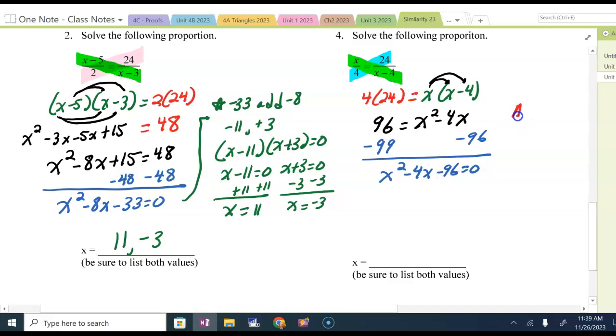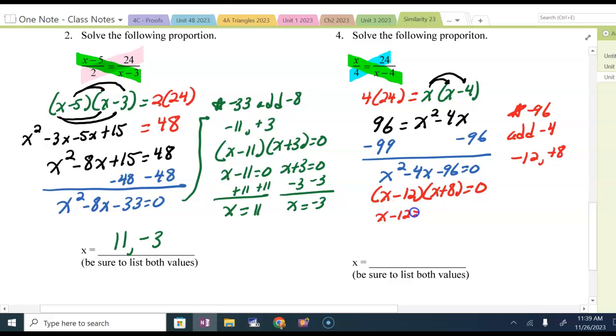So we're looking for numbers that multiply to negative 96 and add to negative 4. This might take a little bit of time to do, but it is negative 12 and positive 8. So then this factors into x minus 12 times x plus 8 is 0.